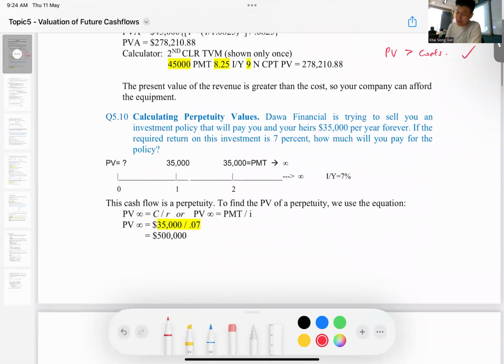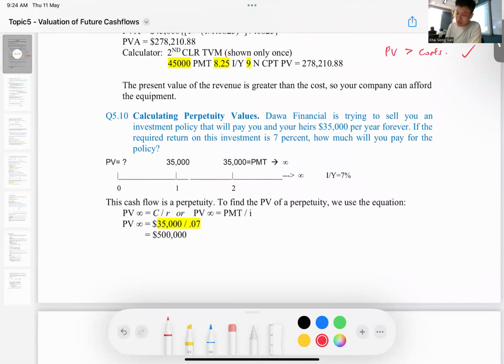Calculating perpetuity value. Dawa Financial is trying to sell you an investment policy that will pay you and your peers 35,000 per year forever. If the required return on this investment is 7%, how much will you pay for the policy? So the present value. So 35,000 forever. What formula do you use?